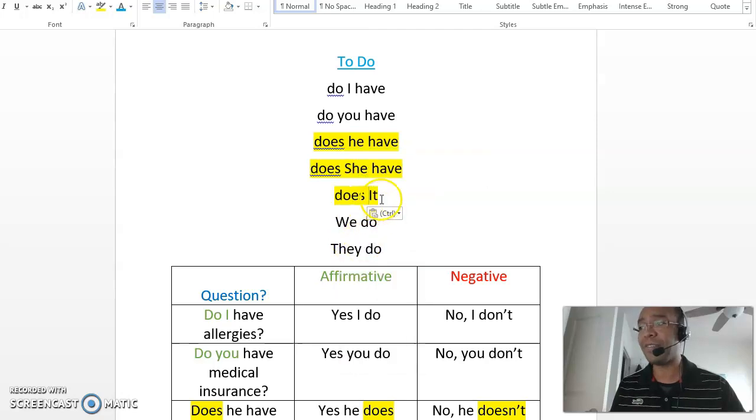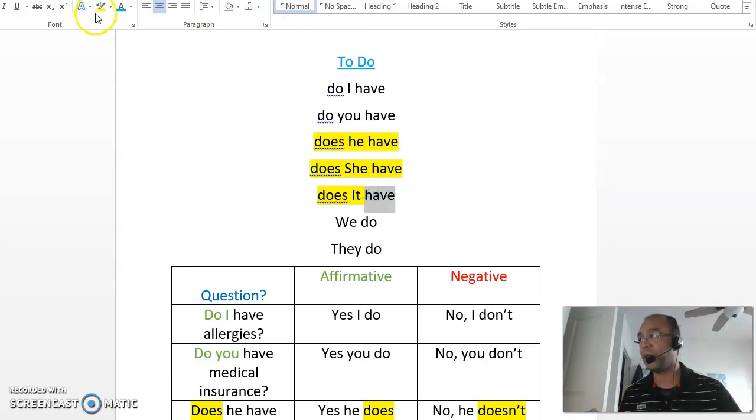Does it have or does it has? Does it has? No. Incorrect. Does it have? That would be the correct form. Okay. So this is how you formulate and use the verb to do with the verb to have.